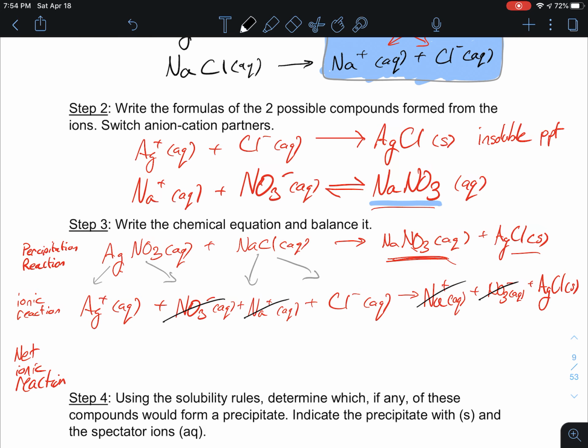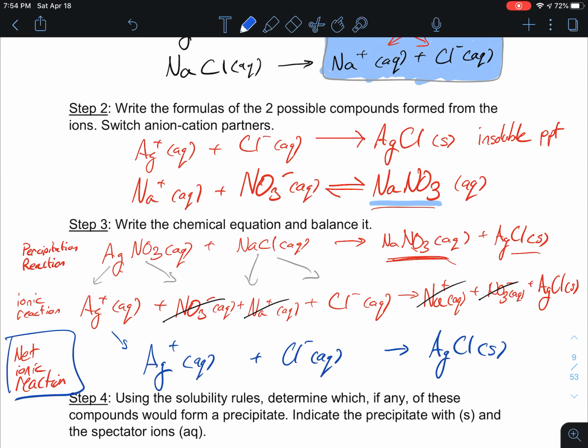So we end up with a final version where we are really only talking about a reaction between silver and chloride, and that forms silver chloride solid. That is called a net ionic reaction. It's something that you sometimes come into contact with in your chemistry studies, and it might be relevant for us in the future.